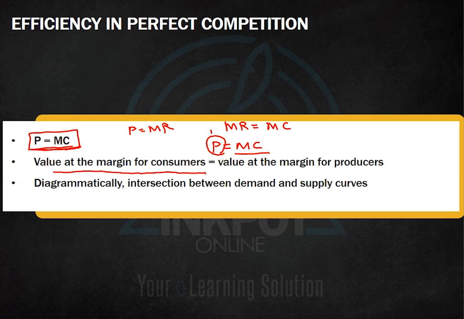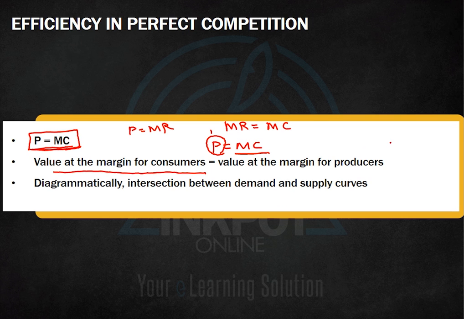Basically, MC captures the minimum willingness to accept for the producer. For the last unit that is being sold, what it costs the producers is what we are trying to identify here, and MC gives us that answer. So marginal cost is the minimum willingness to accept for the producers.